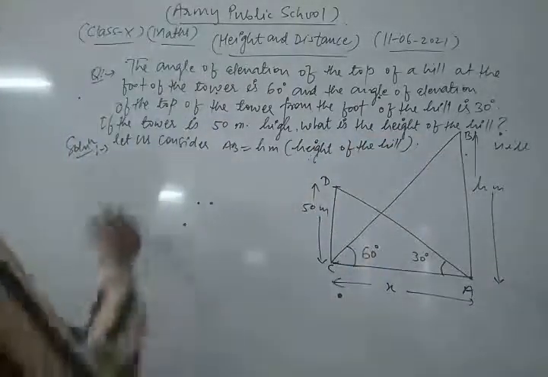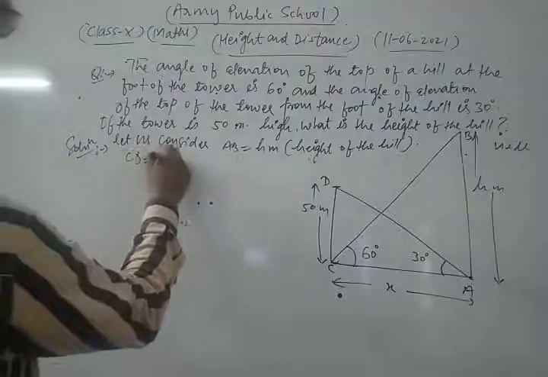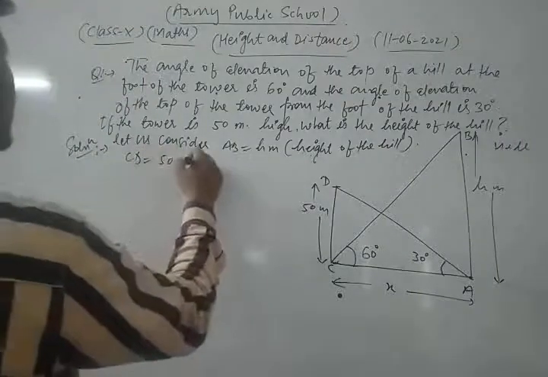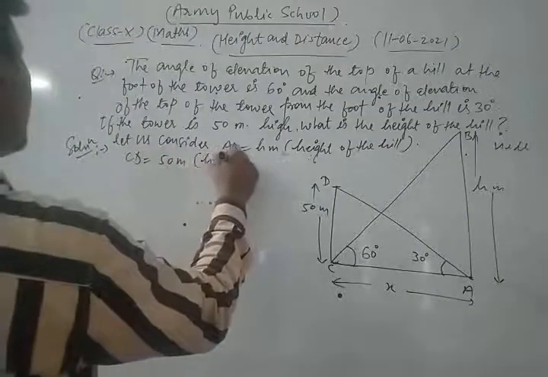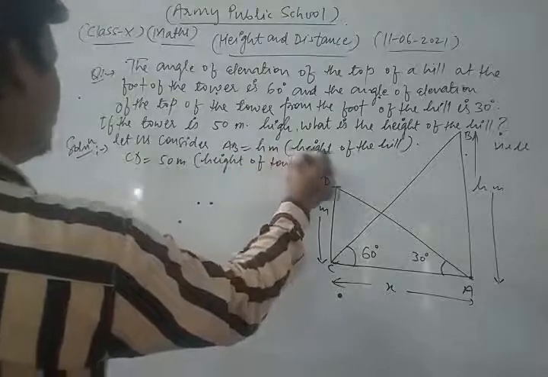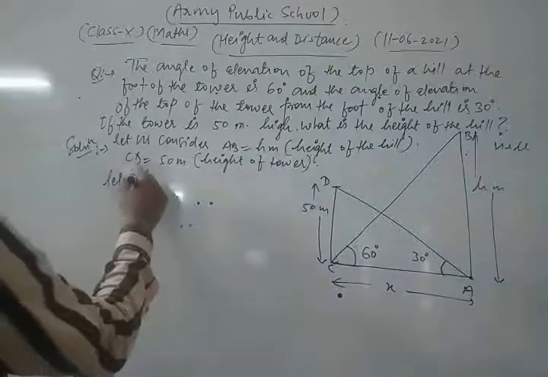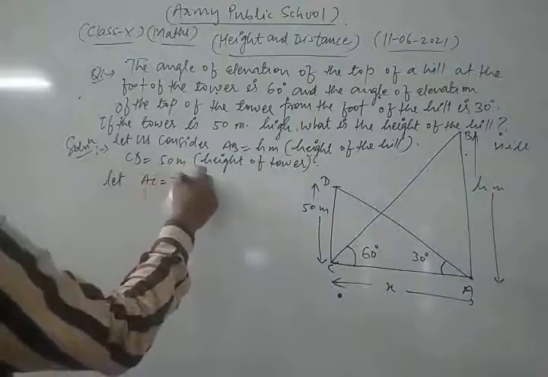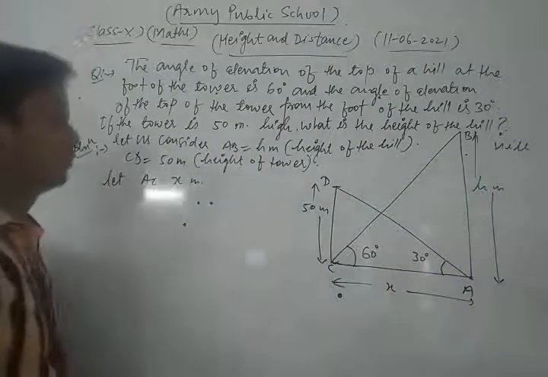And CD is equal to 50 meters, the height of the tower. Let AC be equal to x meters.